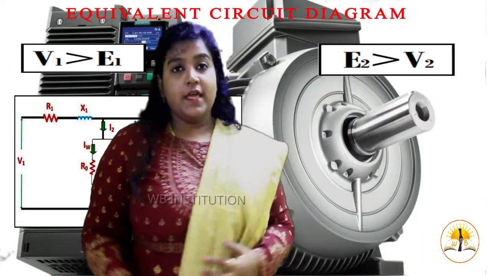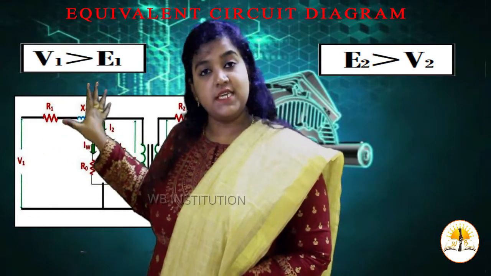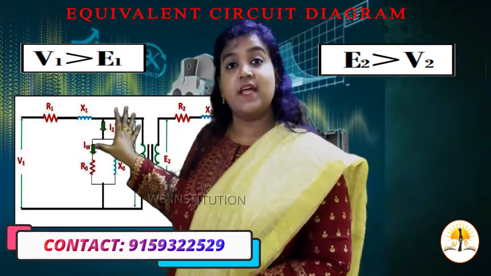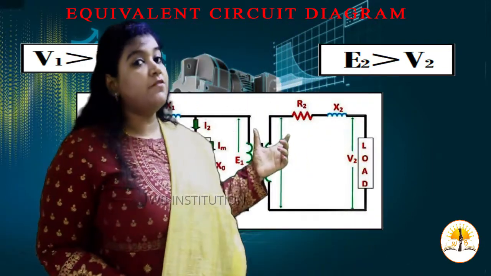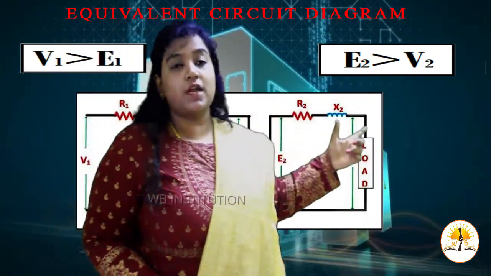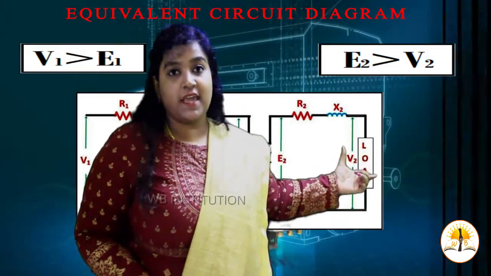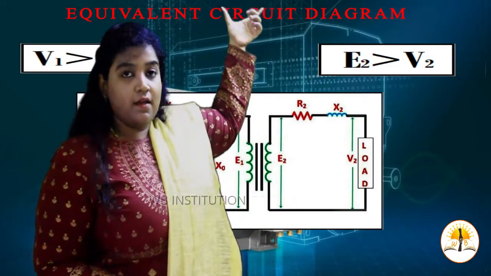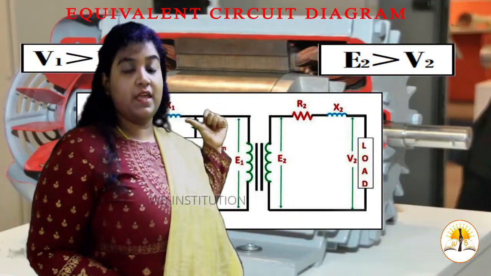Means that in this area where the AC current is applied is always greater than the EMF which is generated, but here the EMF generated is higher when compared to V2. Because of that, the flux generated in the secondary area is higher when compared to the magnetic flux generated in the primary area.